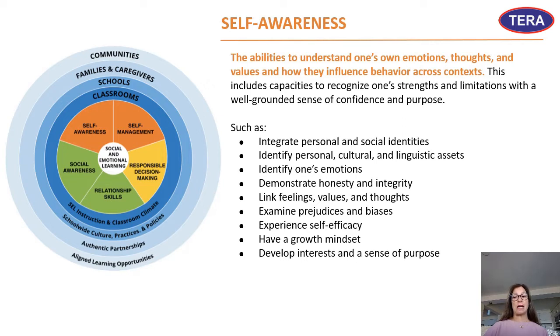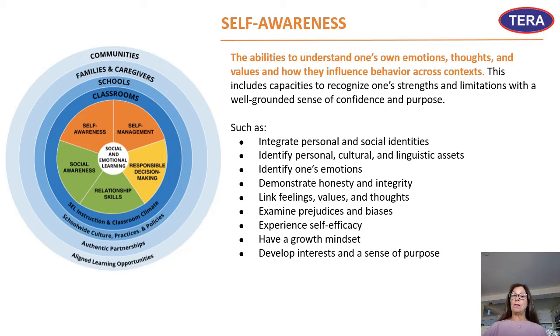But you also have begun to drill down for yourself personally about what it looks like in practice in terms of your own emotions, your own honesty, your own intelligence, your own integrity, your own personal, cultural, and linguistic assets, and how this leads back to your personal and social identity.